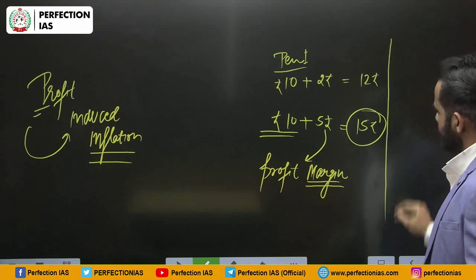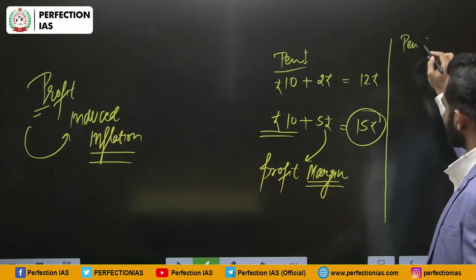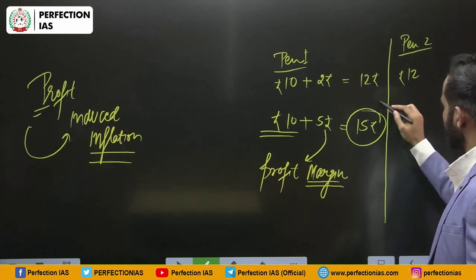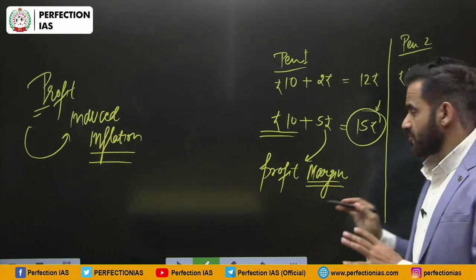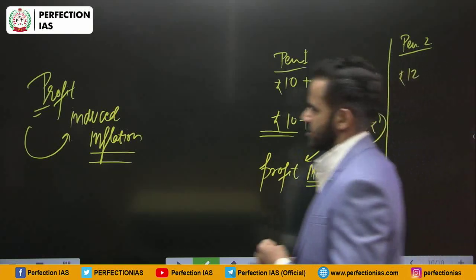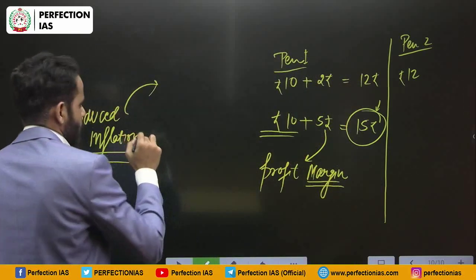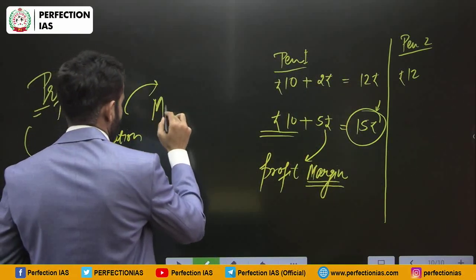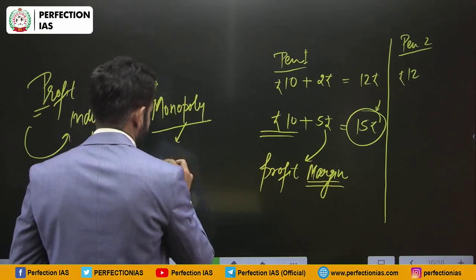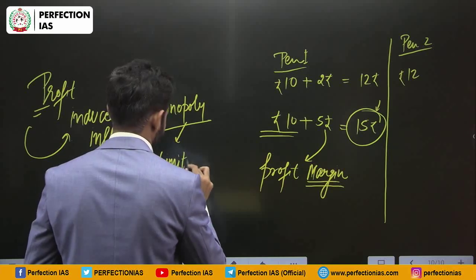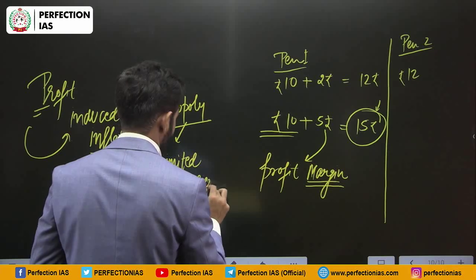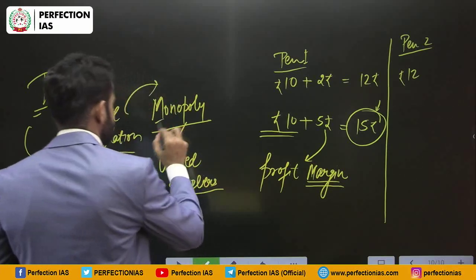So if this company increases the price, but another company, Pen 2, is still supplying at 12 rupees, then people won't be willing to spend these 15 rupees. That is why for profit induced inflation, there is one important situation, that is there should be a monopoly or limited suppliers or limited options. Monopoly means a single supplier.